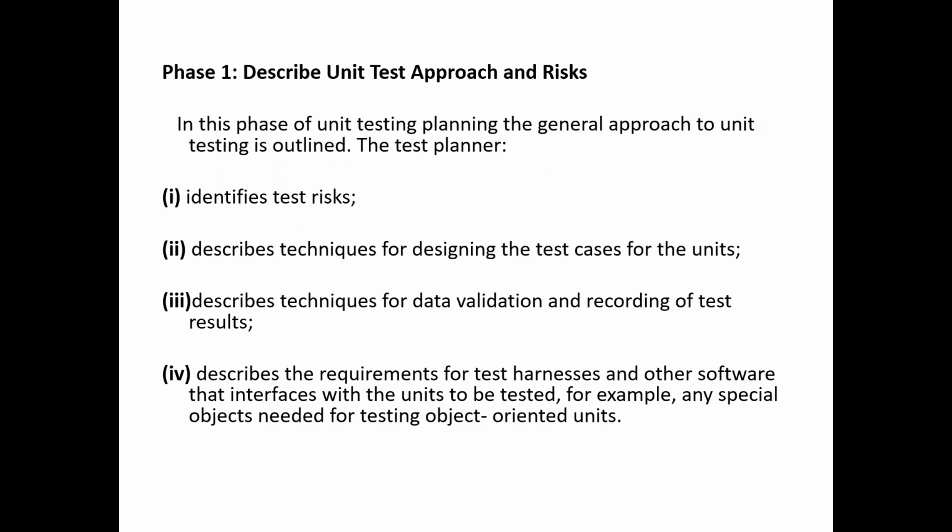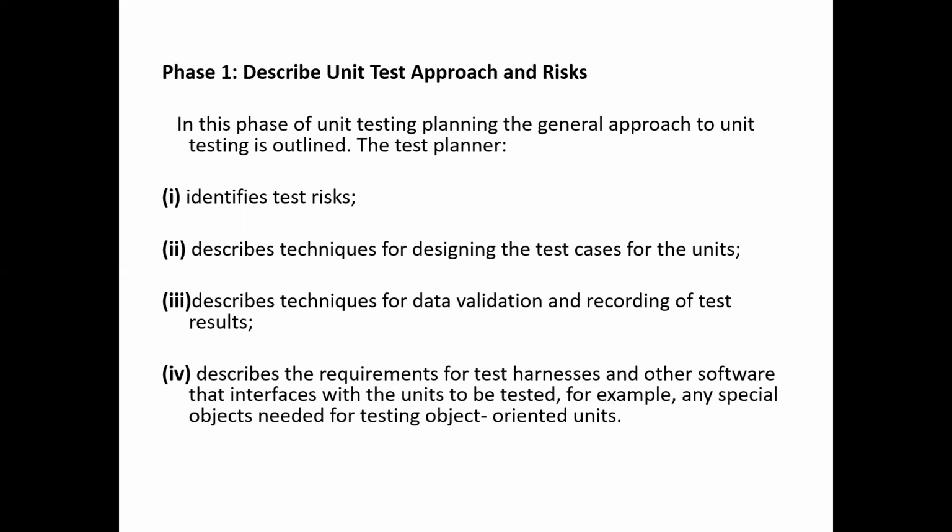In phase 1, describe the unit test approach and risks. In this phase of unit test planning, the general approach to unit testing is outlined. The test planner first identifies the test risks. What are all the risks in the product?